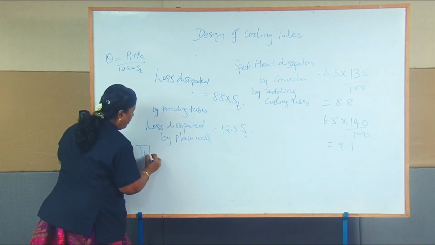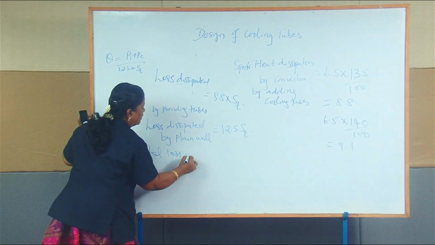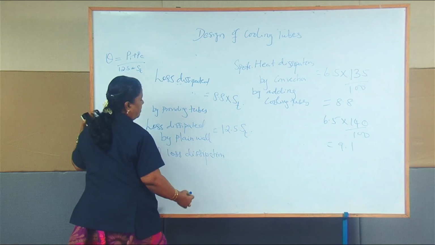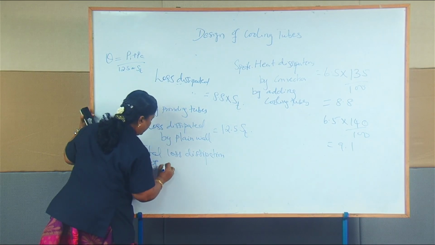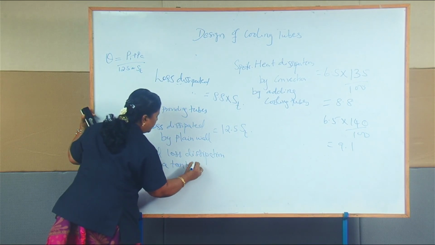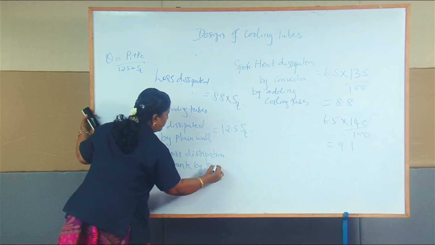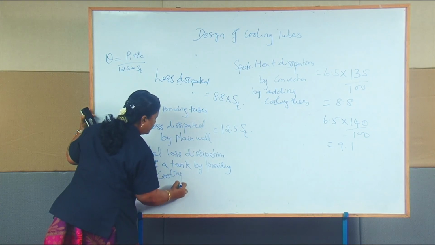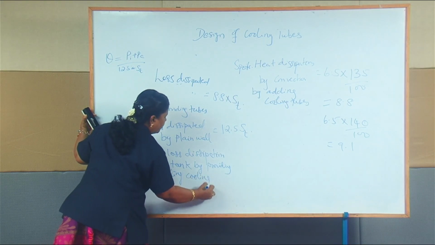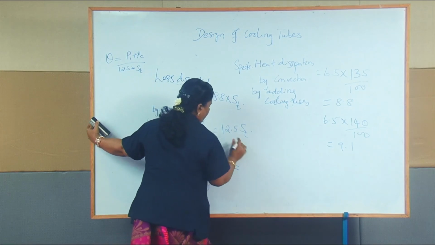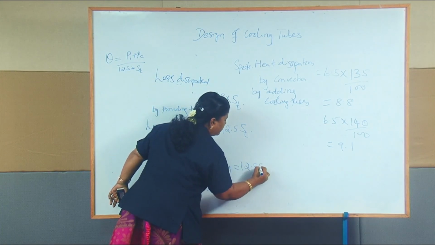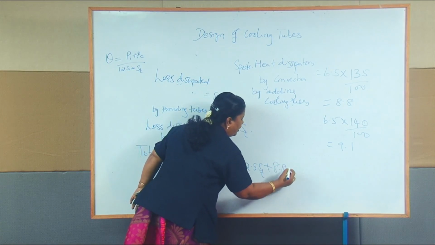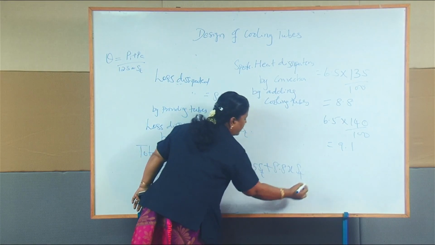So the total loss dissipation of a tank by providing cooling tubes will be equal to the plain wall tank, 12.5 S suffix T, plus, by providing cooling tubes, the heat dissipation is improved by 8.8 into X S suffix T, added, right.